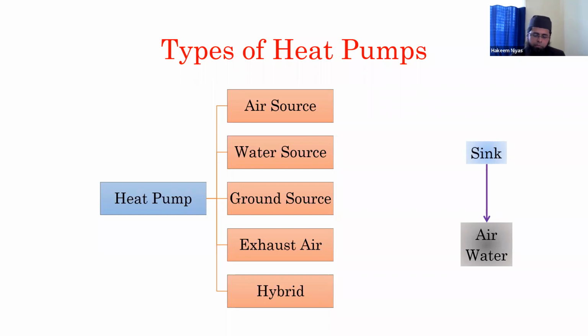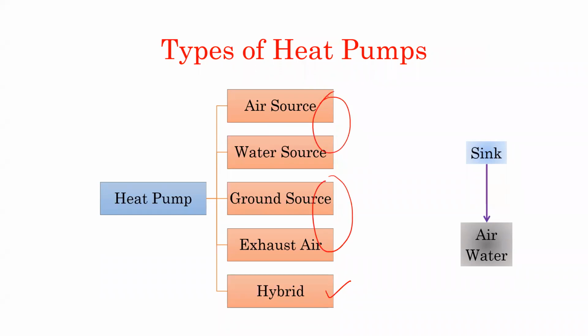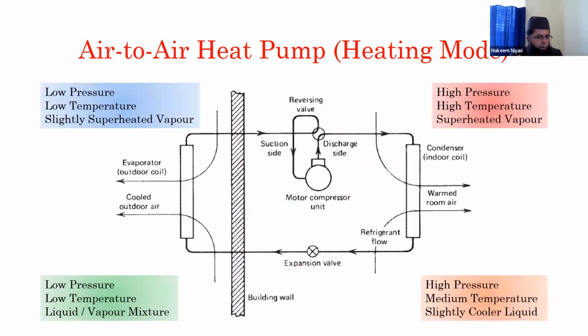Some works have been published. And hybrid can be a mix of any two sources. And a sink can be air or water. By that way, we can have multiple groups of heat pumps like air heat pump, water air heat pump, like that. So let me explain the working of a simple air to air heat pump in this slide.